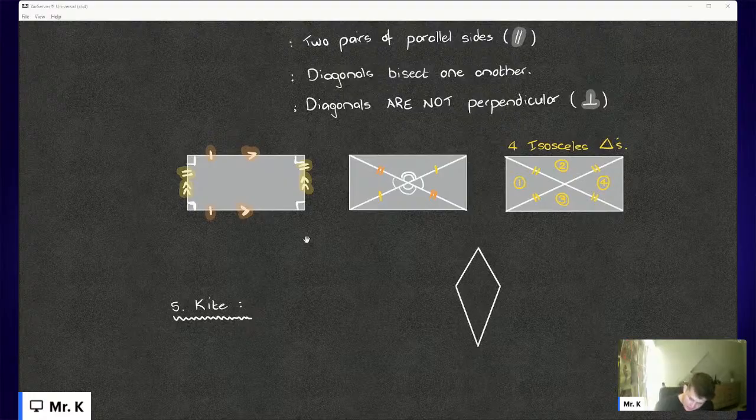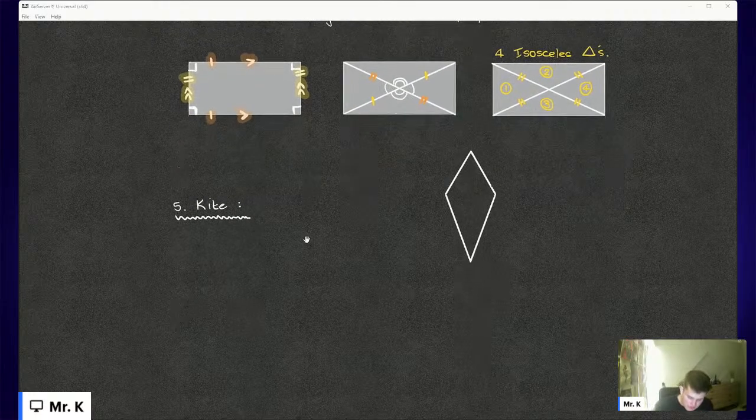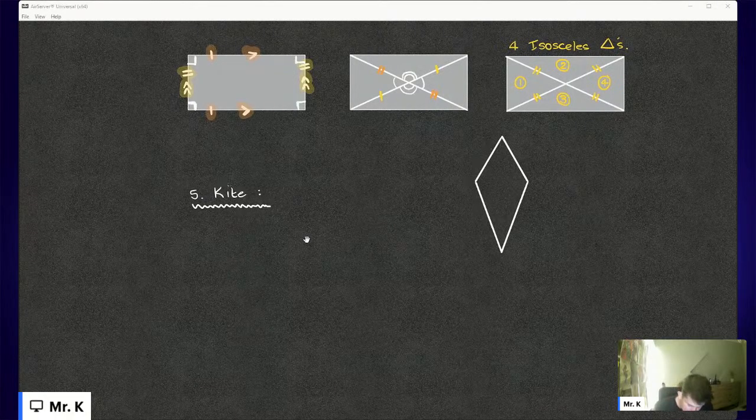Right. This is an example of a kite, guys. And again, there are some unique features that we've got to discuss.